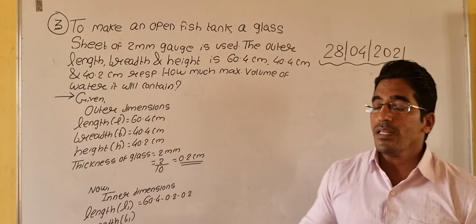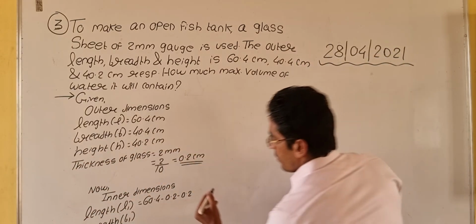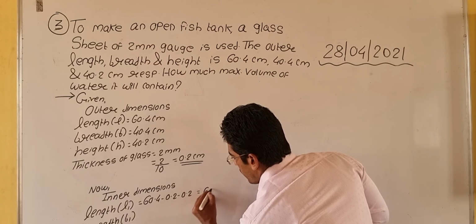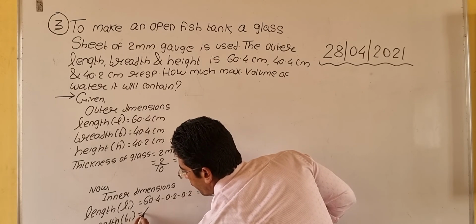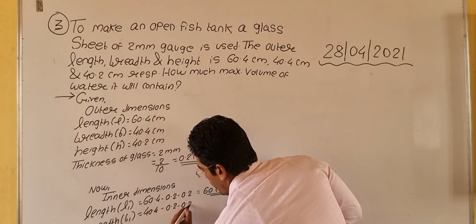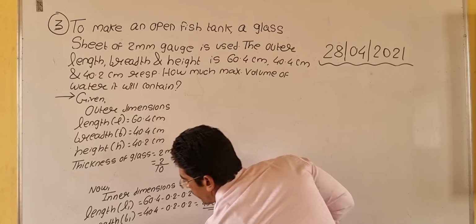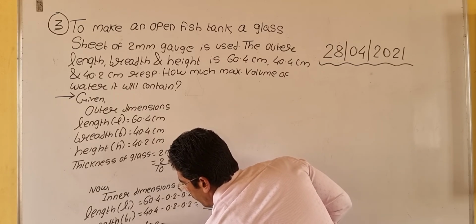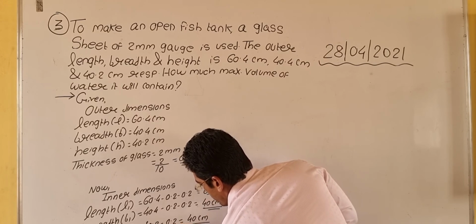Why? Because the thickness of the glass will be separated from both the sides. That is equal to 60 centimeter. Similarly, 40.4 minus 0.2 minus 0.2, 40 centimeter. 40.2 minus 0.2, that is equal to again 40 centimeter.